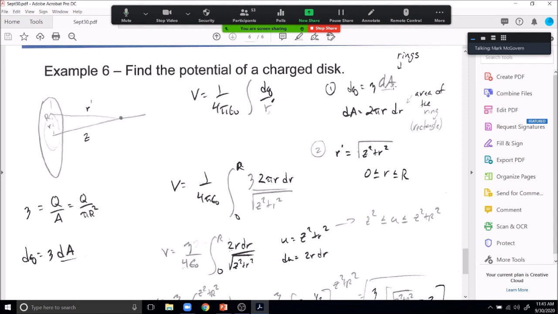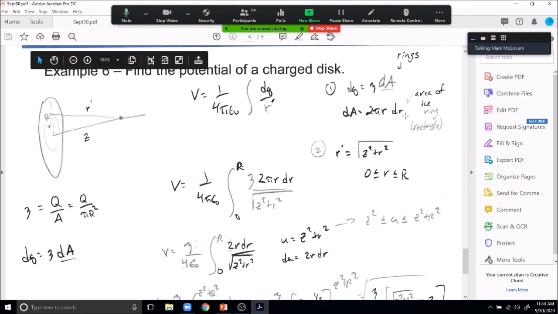And so that ring is, if you just take that, roll it out, that is a rectangle, basically, that's extremely thin. So the circumference of that circle is 2 pi r. That's some random distance r from the center. And the dr is the thickness.